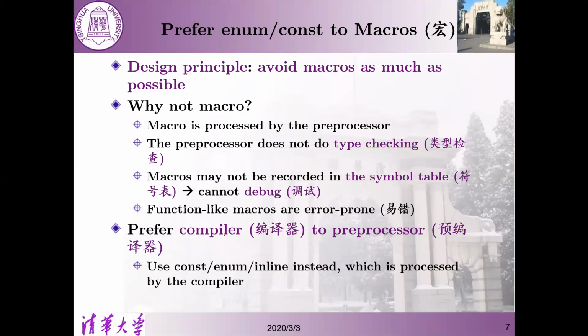Although we have learned something related to macros, our design principle is to try to avoid macros as much as possible. Why should we try to avoid it? That is because macros are processed by the preprocessor, so there's no type checking, because the preprocessor is really very simple and straightforward.